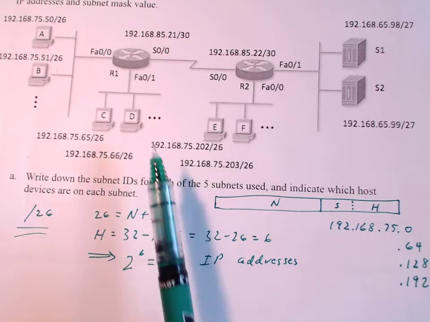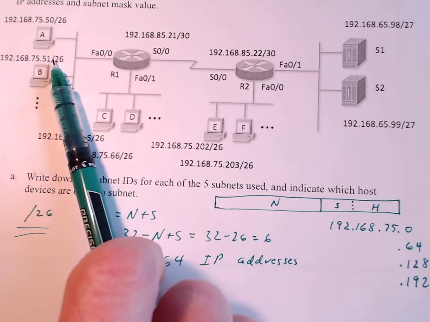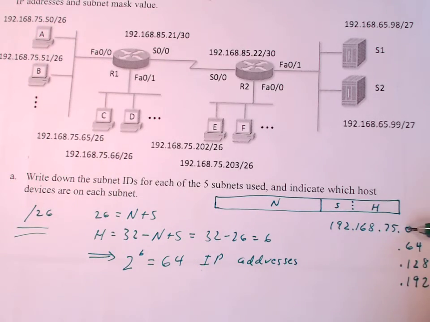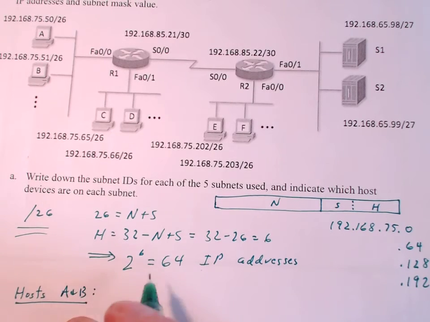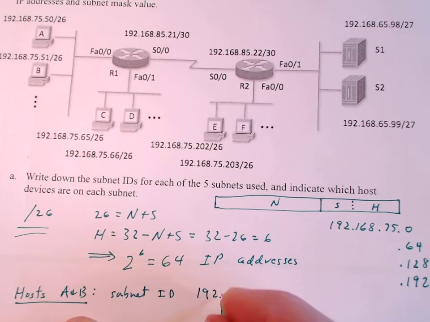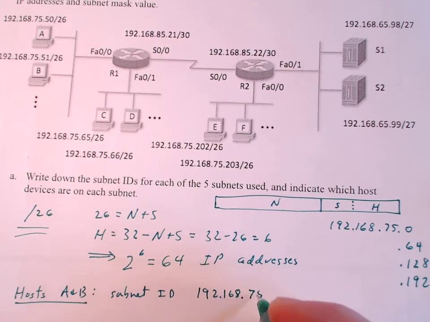And so you can see that these 2 host addresses, 50 and 51, are in the range from 0 to 64 here. And so for hosts A and B, the subnet ID is 192.168.75.0/26.